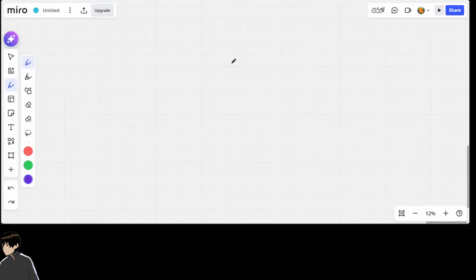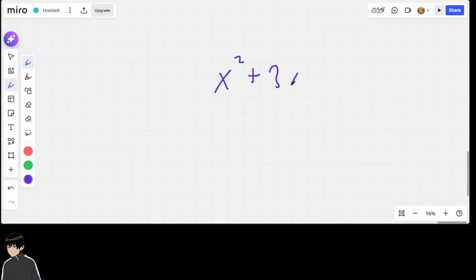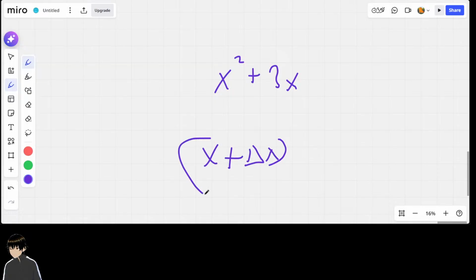Change plus 3 and function as x squared plus 2x. So it's going to be this, and then this.